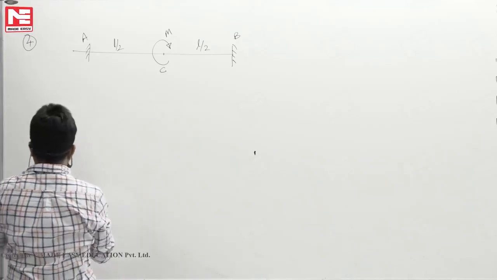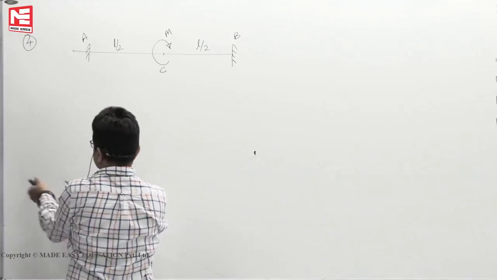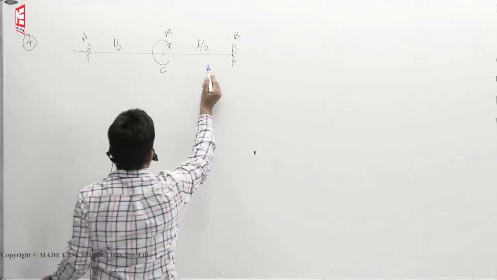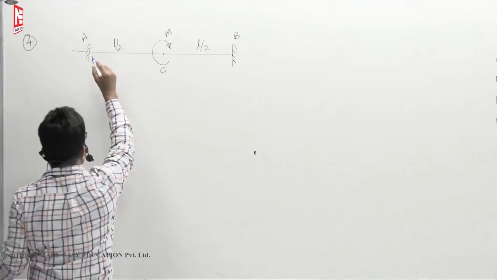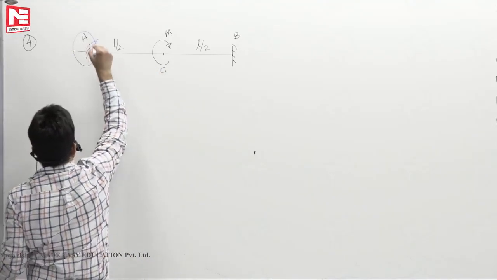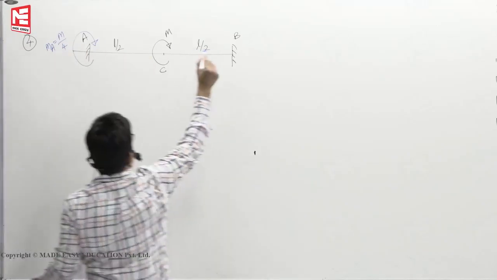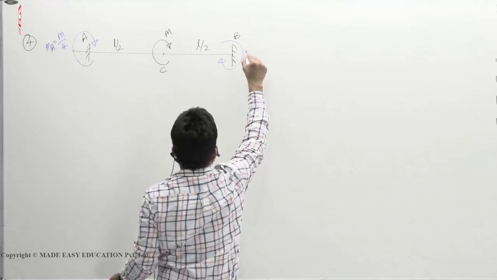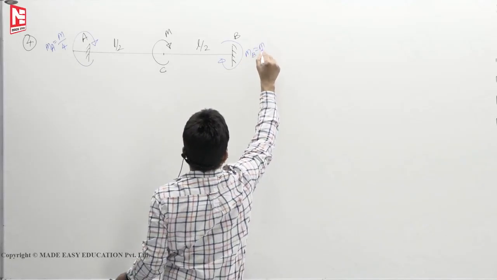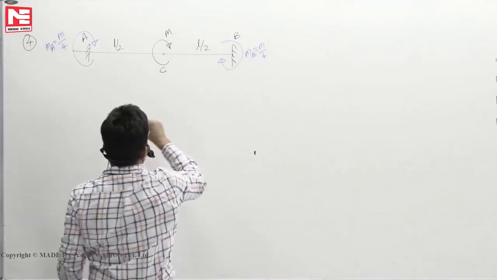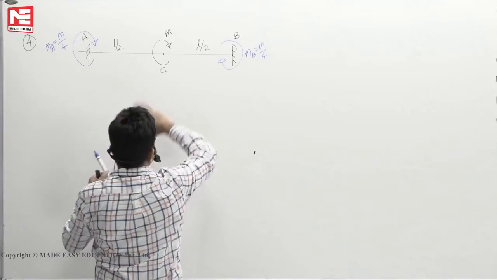Now, due to this moment M, the reacting moments are also clockwise. MA you will get M by 4, MB is also M by 4. Clockwise only we will get because of this reason.